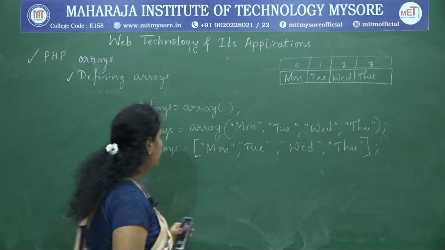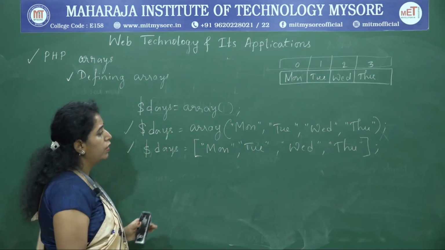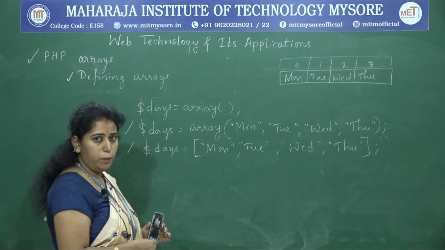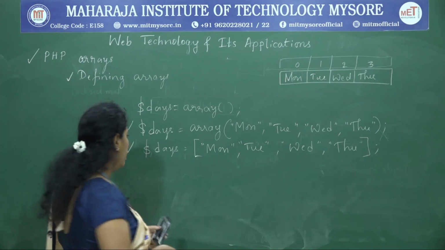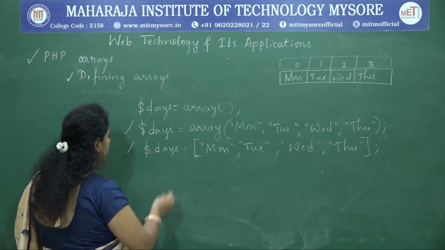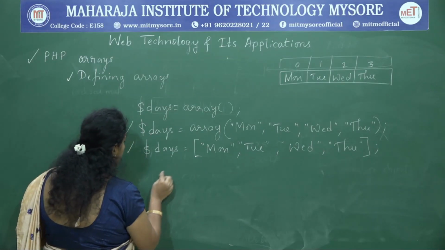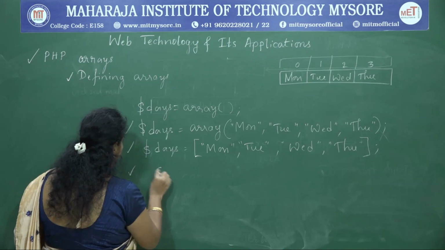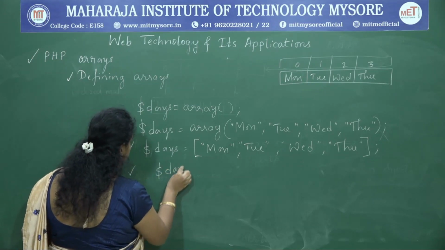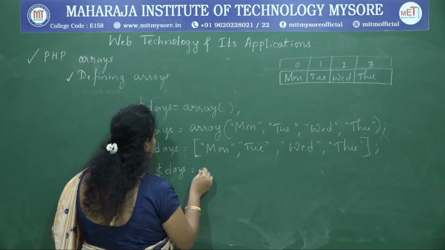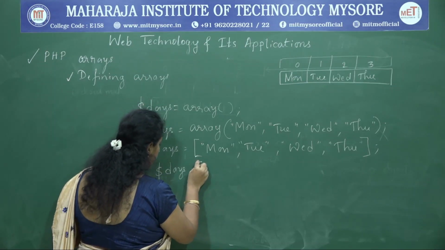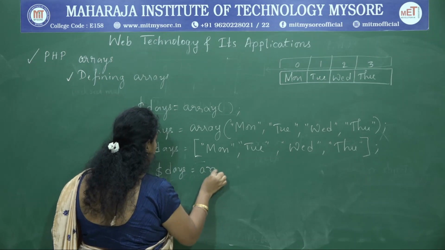So next is about, there are many possibilities available to define an array. One among that is, for example, days equals array.